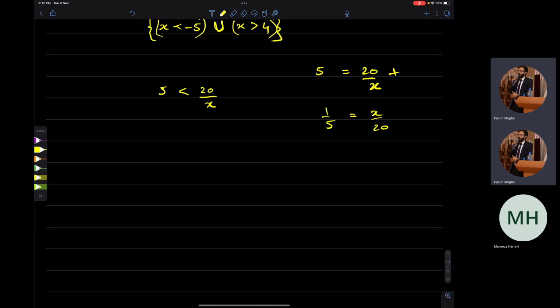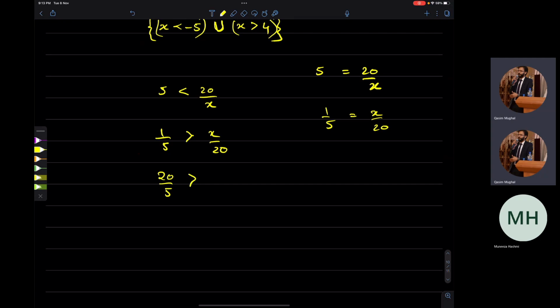But if there is another term with it, like for example plus 4, then you can't do this. It has to be a single term on both sides. Now if I'm doing the same for the inequality, I can flip it, but it's going to change the inequality. Okay, and you can solve it from here.